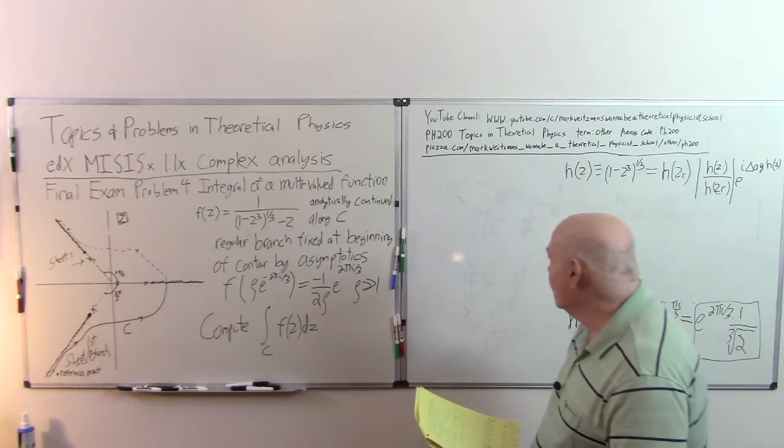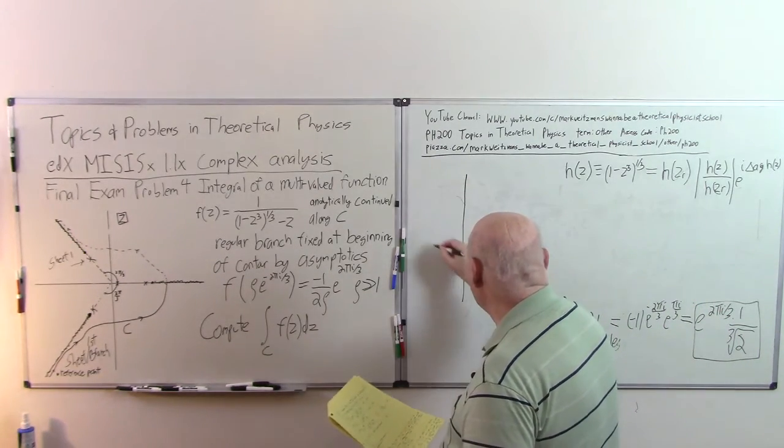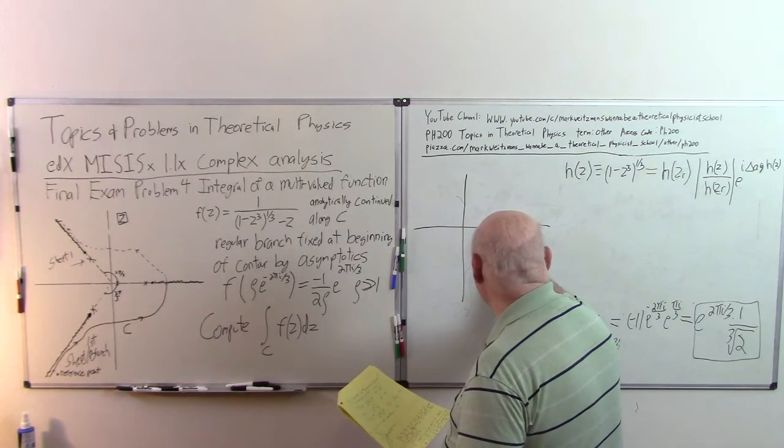Okay. Let's start looking at poles on the other sheets. Here we draw the same diagram again.